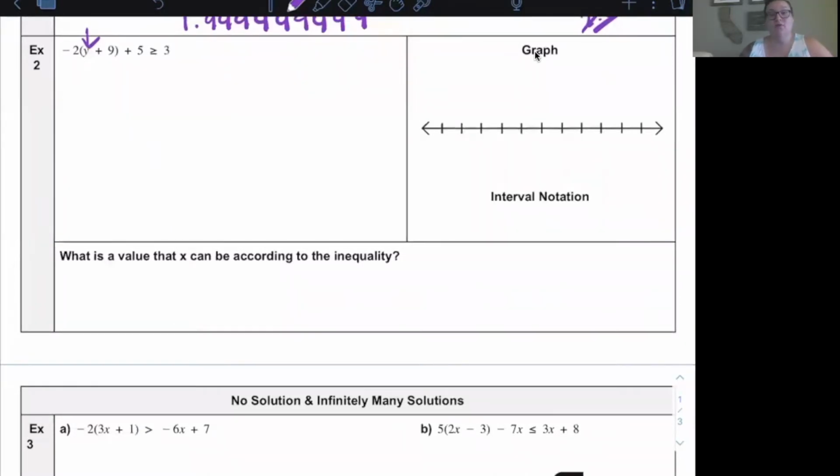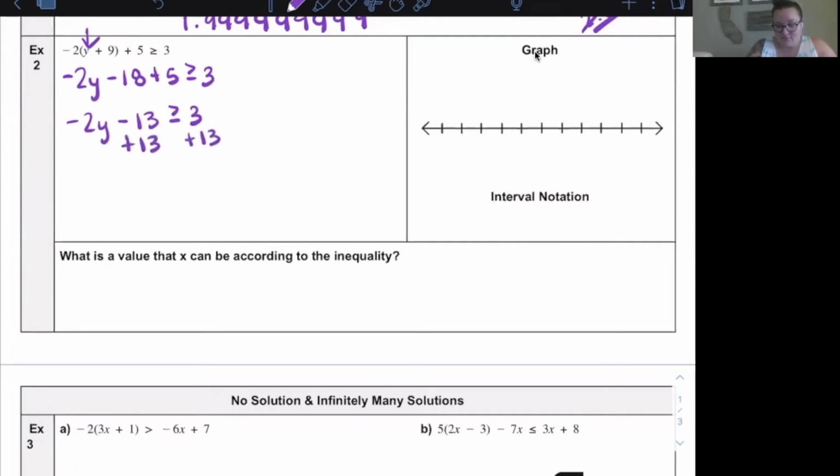So your first step should have been to distribute the negative 2. Then combine like terms. Then you probably added the 13 to both sides. And then divided both sides by -2.